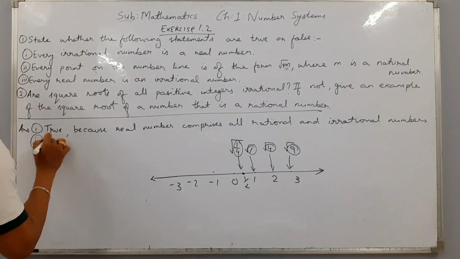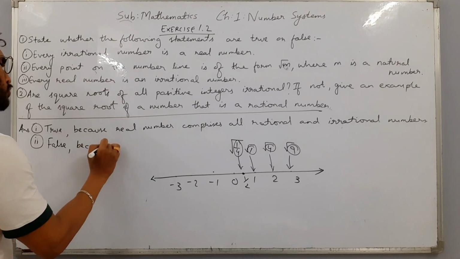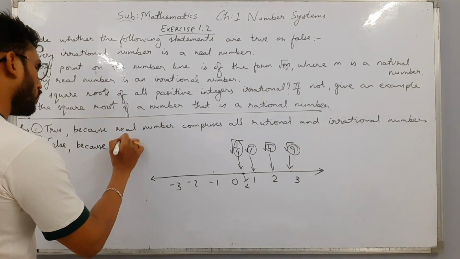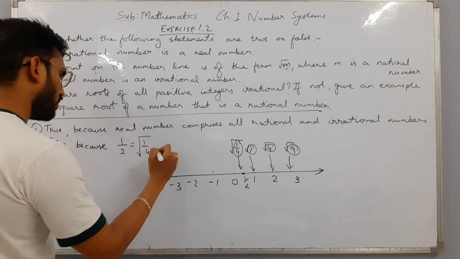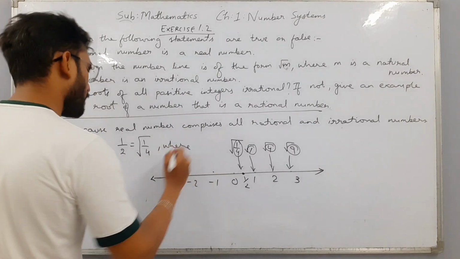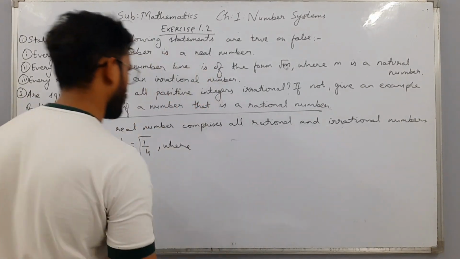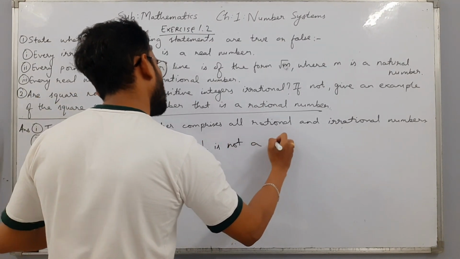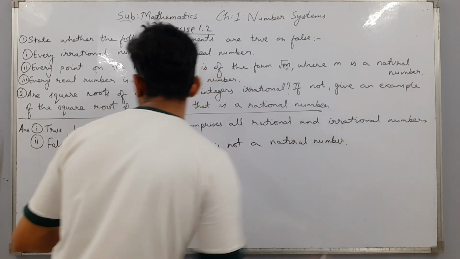Because of this, we can write that the statement is false, and we show this example: 1 upon 2 is equal to root 1 upon 4, where 1 upon 4 is not a natural number.